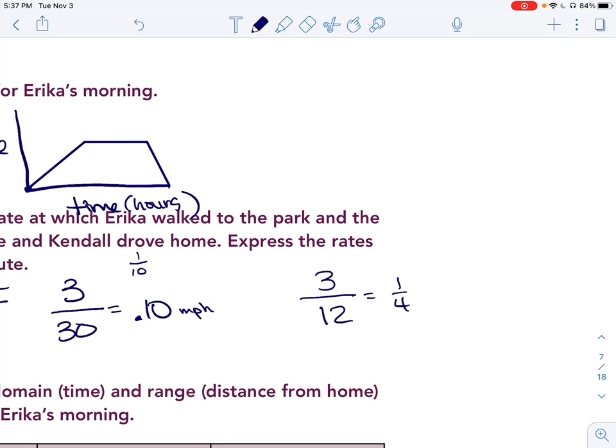So that's going to be 1/4, which is 0.25 miles. Why did I put miles per hour? Wouldn't that be miles per minute? Because this is in minutes, it's not in hours. Okay, so now let's look at this.